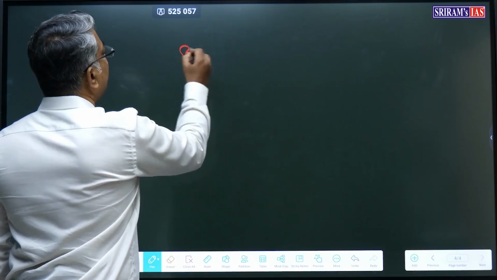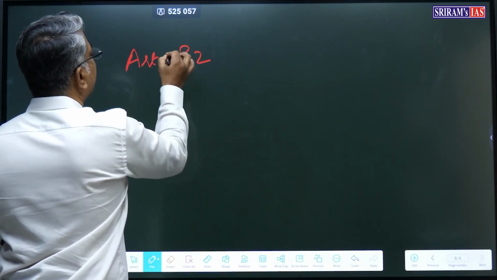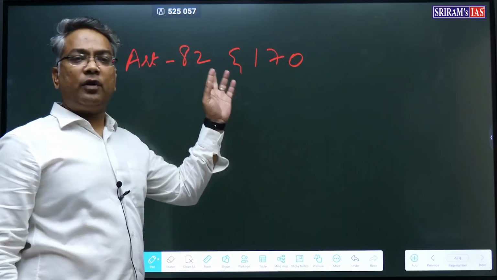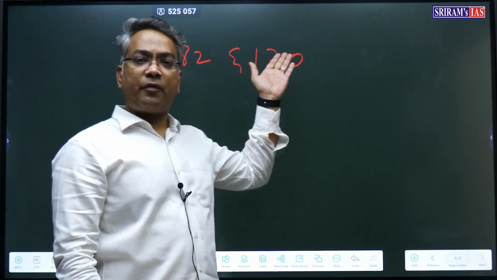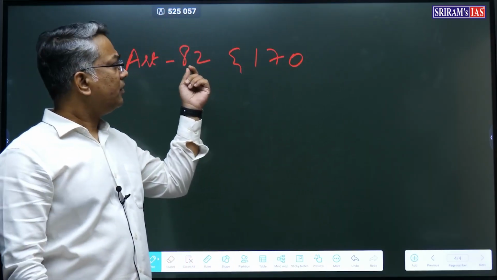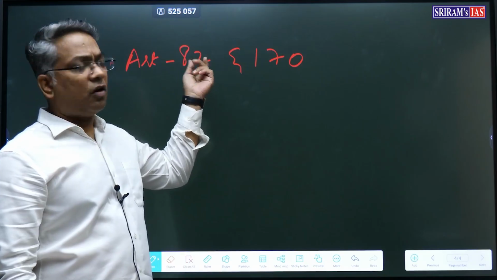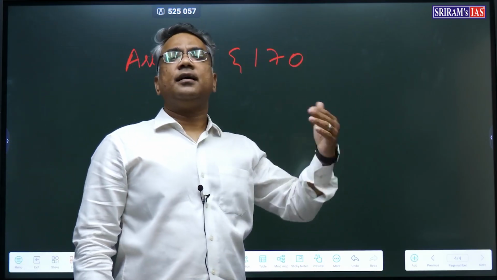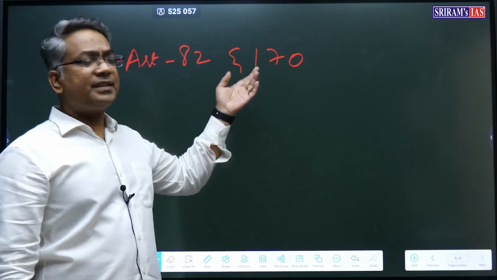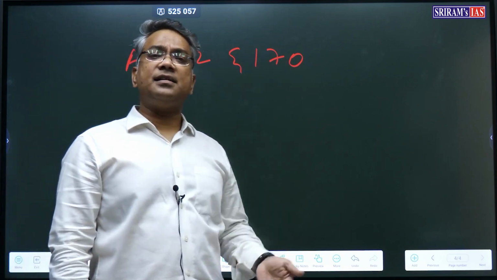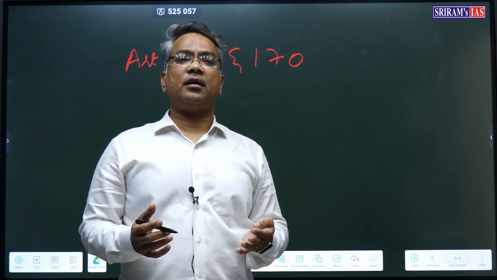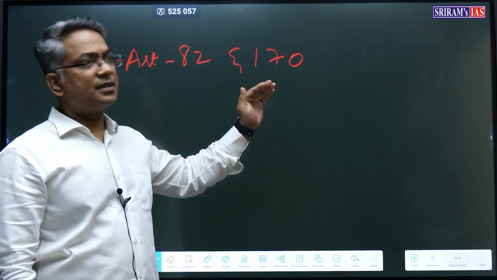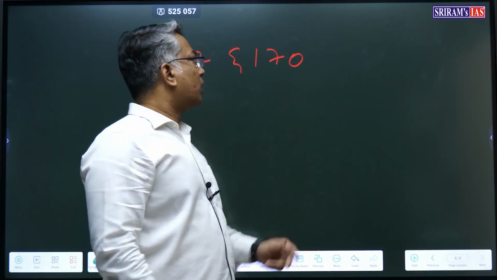Article 82 and 170 of the Constitution provide for the readjustment of the number of seats in each state, as well as the demarcation or readjustment of the boundaries of the territorial constituencies, based on what?